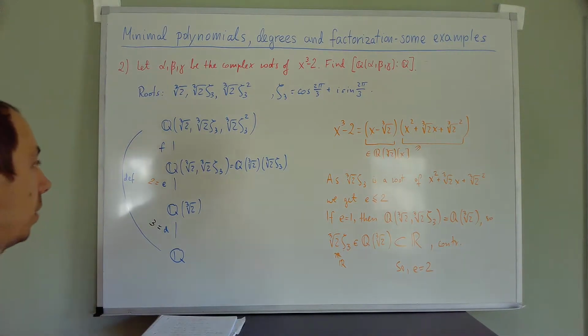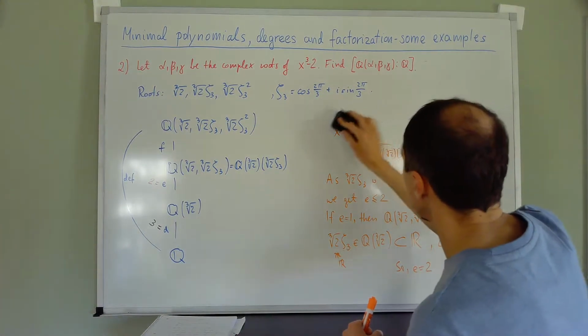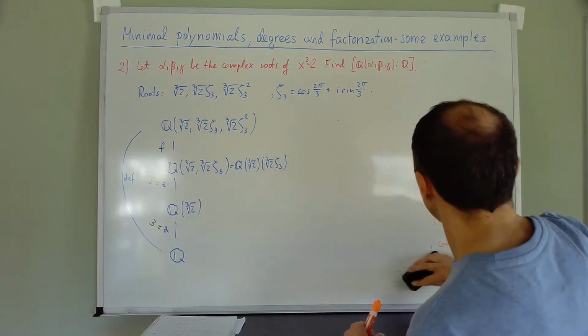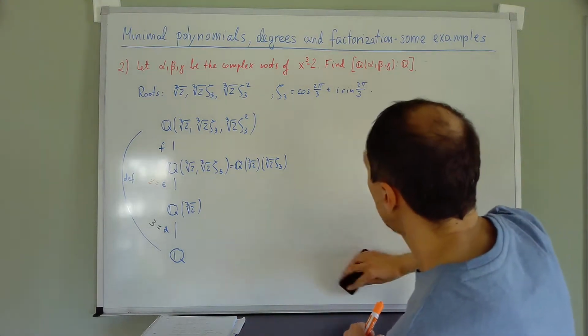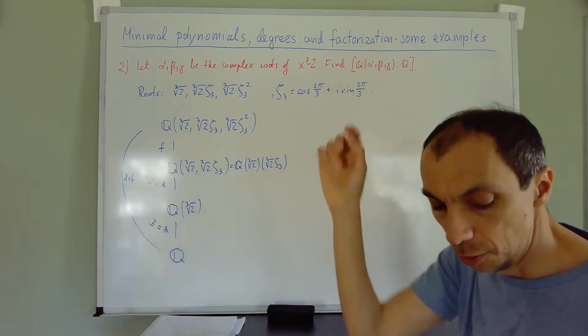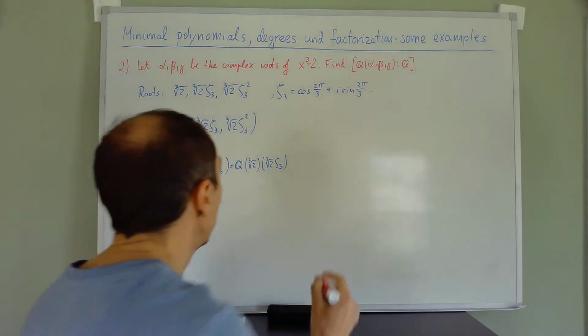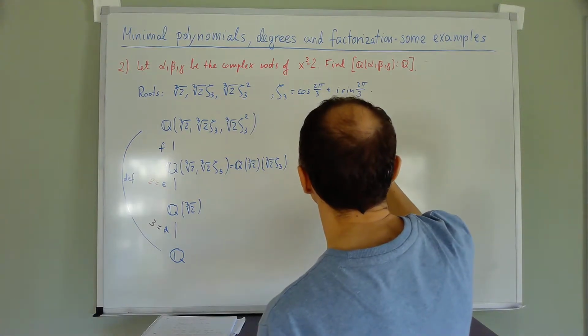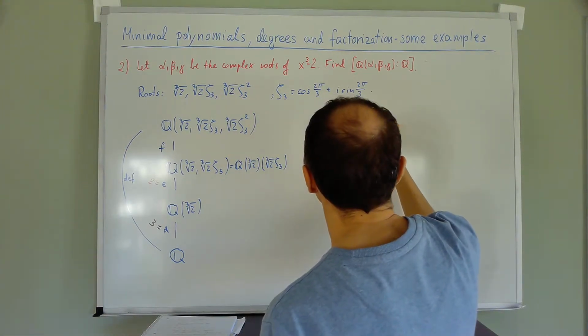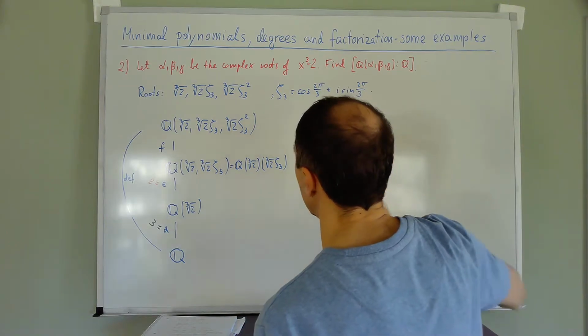And I actually claim that F is 1. That once you have adjoined two roots of this polynomial, the third root is already there. So I'll claim F is equal to 1.